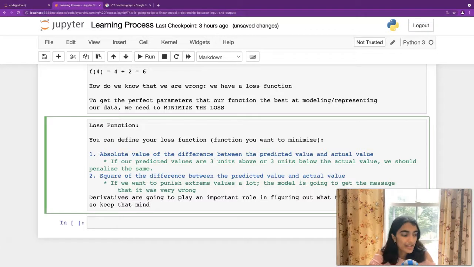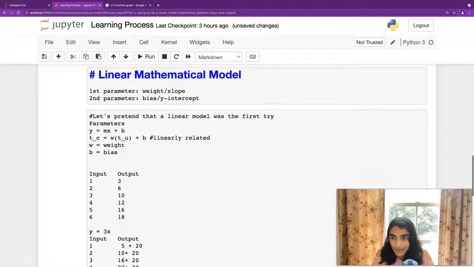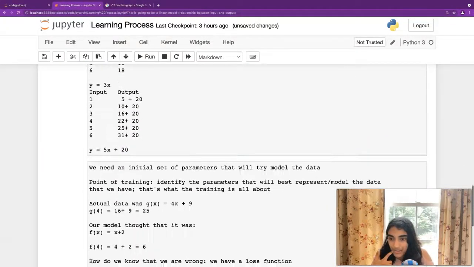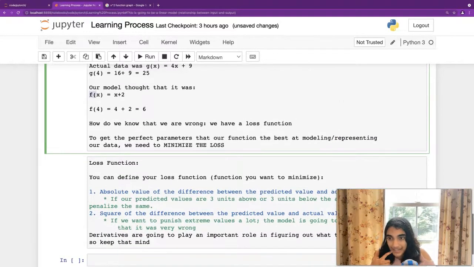Okay, and these are both pretty simple, and there are tons of more powerful loss functions out there. But these are good for learning purposes and just to understand that the loss function tells you how wrong you are, how far off your model's prediction of f of x is, how wrong the parameters are.